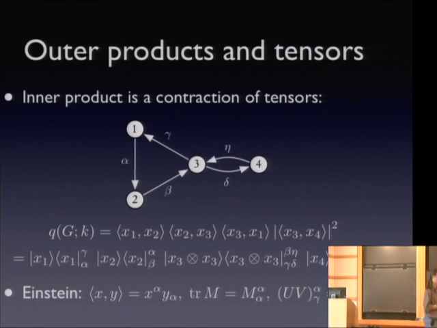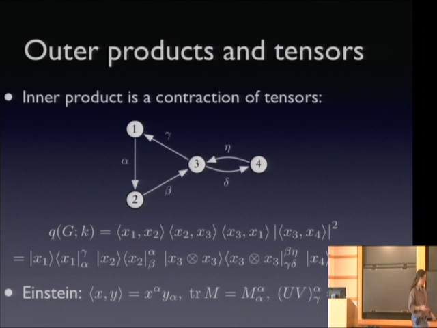You just define it to be the outer product of x1 with itself, because there'll be two inner products. Exactly. And then here, for node 3, this has two inputs and two outputs, so I'm going to take the outer product of its tensor product with itself. So now it has these four indices corresponding to these four edges.